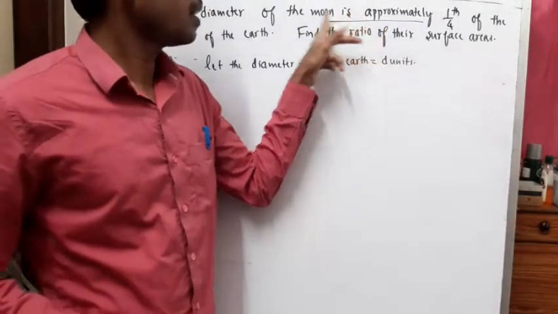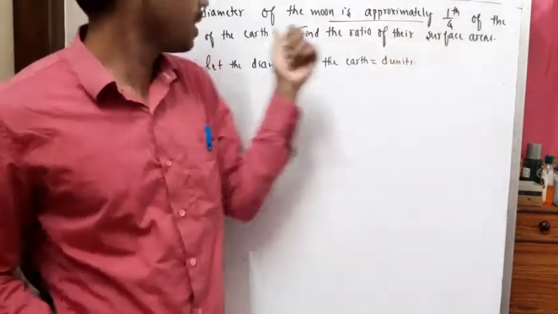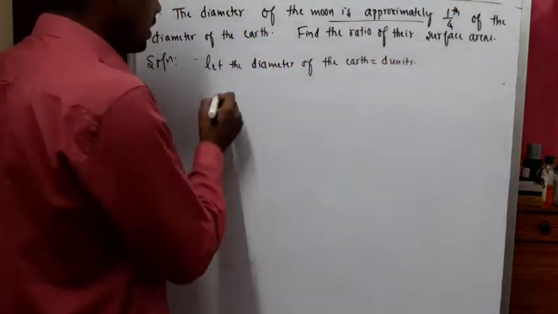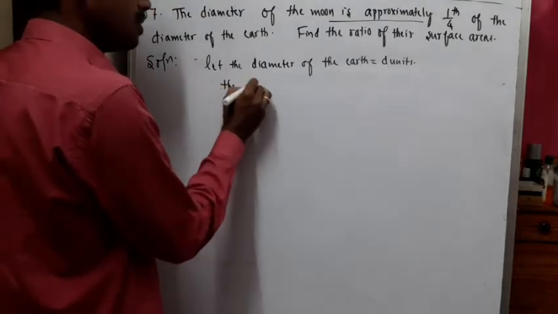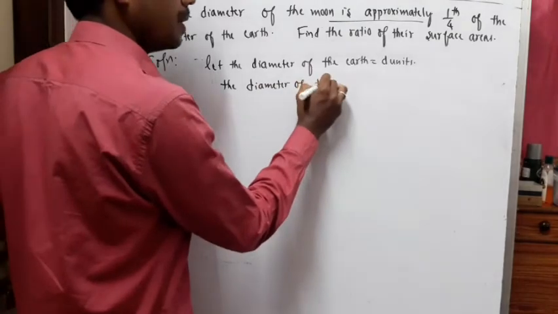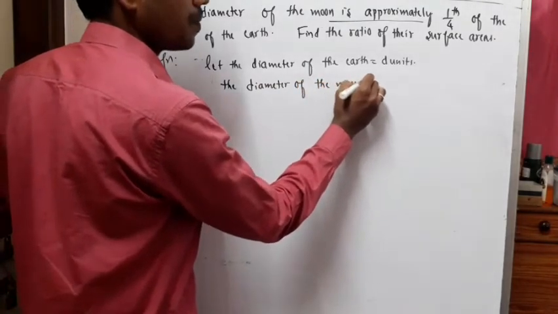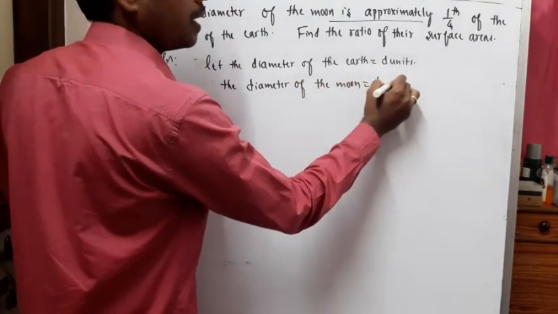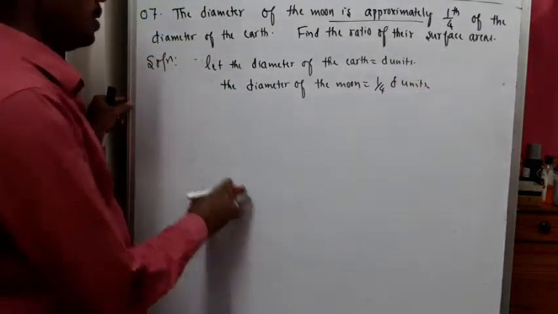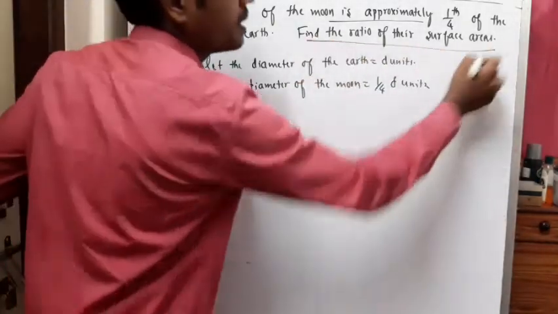It is clearly mentioned that the diameter of the moon is 1/4 the diameter of the earth. Already we have defined the diameter of the earth. Then the diameter of the moon is equal to 1/4 the diameter of the earth. Okay, next, what they asked: find the ratio of their surface areas.